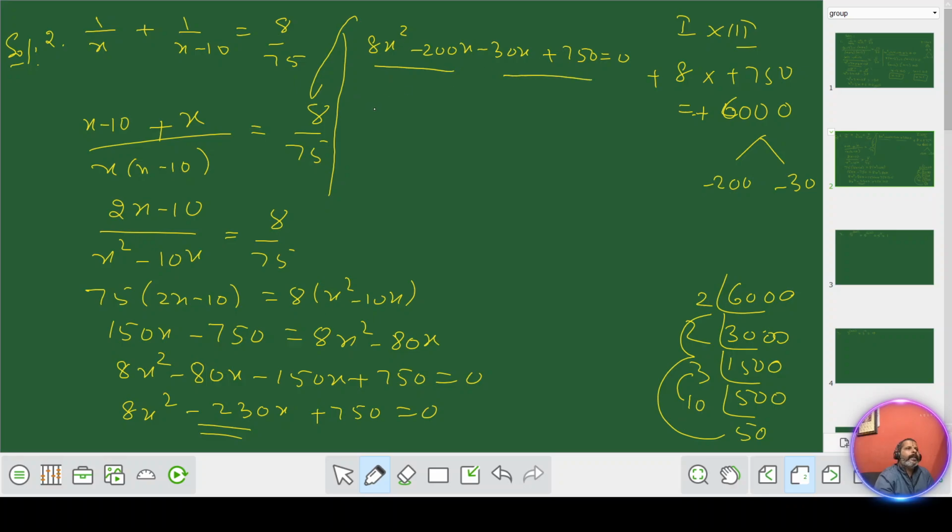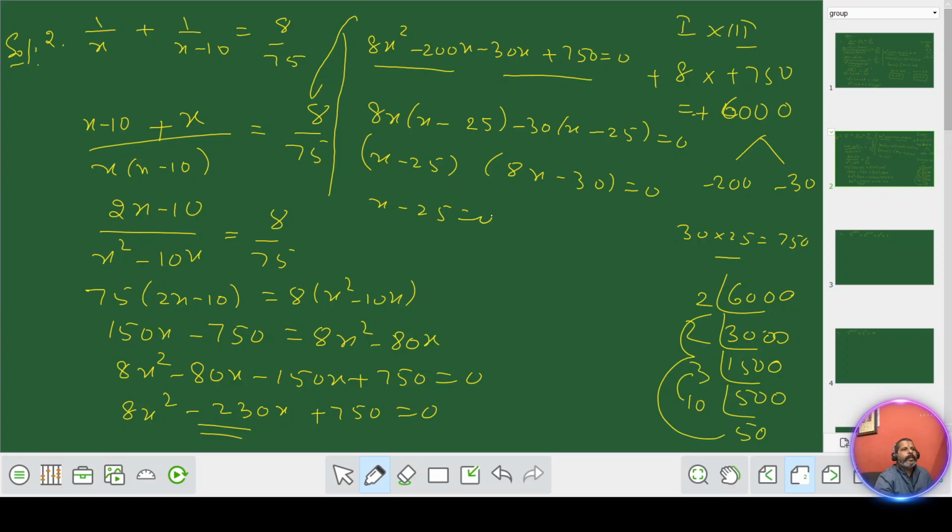Take the common. 8x, if you take x minus, x, 8 into 25 is 200. Minus 30 of x common, minus 25 should come definitely, but you verify that. 25 3 is a 75. Okay, so x minus 25 is common, then 8x minus 30 is equal to 0.